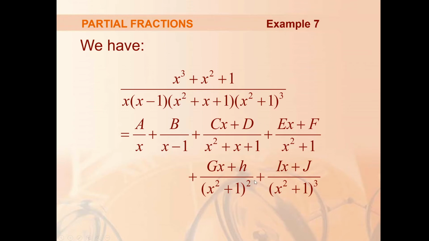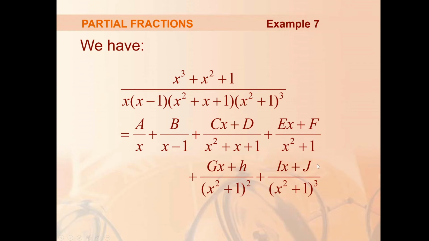And now, what about the repeating factor? For the repeating factor, the next one is also considered linear. Well, this one is a quadratic repeating factor with the quadratic binomial, so for the top part, we need to put in the linear binomial. And then for the cubic repeating factor, the binomial, for the top part we put in another linear binomial.